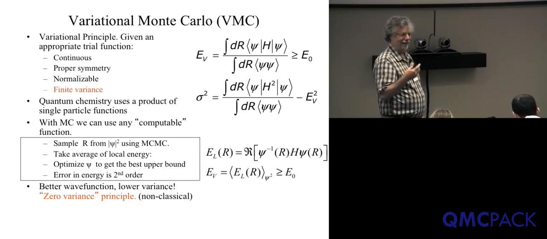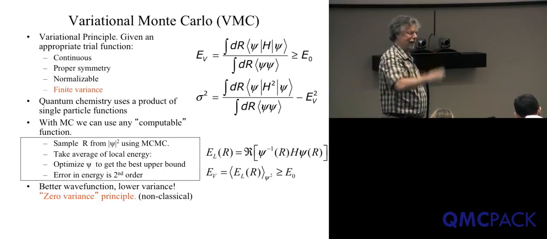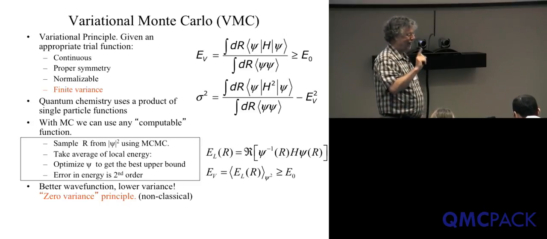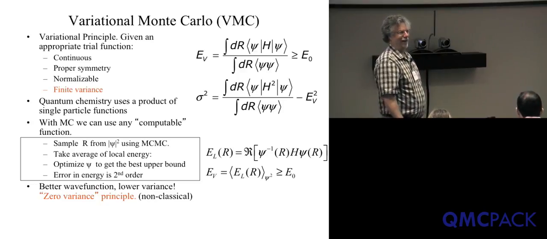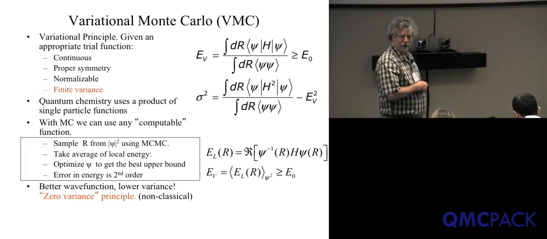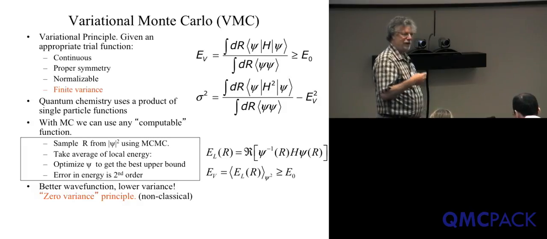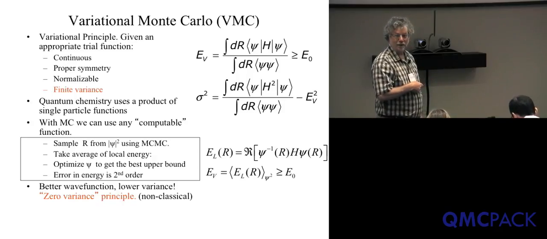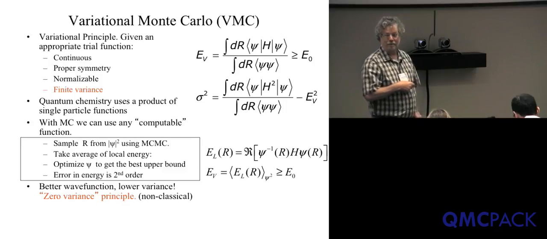Use the central limit theorem. Yeah, you didn't turn on your microphone, but I heard you. Namely, you have to have finite variance because you want to have error bars. What is the variance? The variance is this property right here, right? Oftentimes, a method that's perfectly okay in Hartree-Fock could have this thing diverge, that is, go to positive infinity.